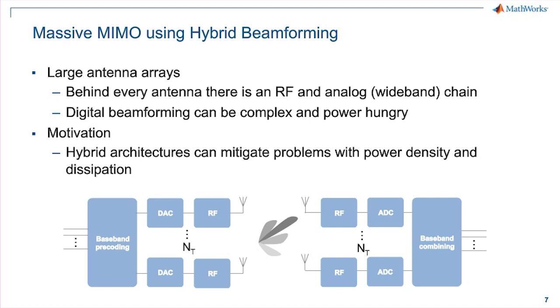So hybrid structures, which divide an antenna array into sub-arrays and divide the beamforming approach or the MIMO approach into a digital approach hybridized with analog approaches, will actually save you a lot of power and complexity, because the sub-arrays are subject to RF chains, not every single antenna element.